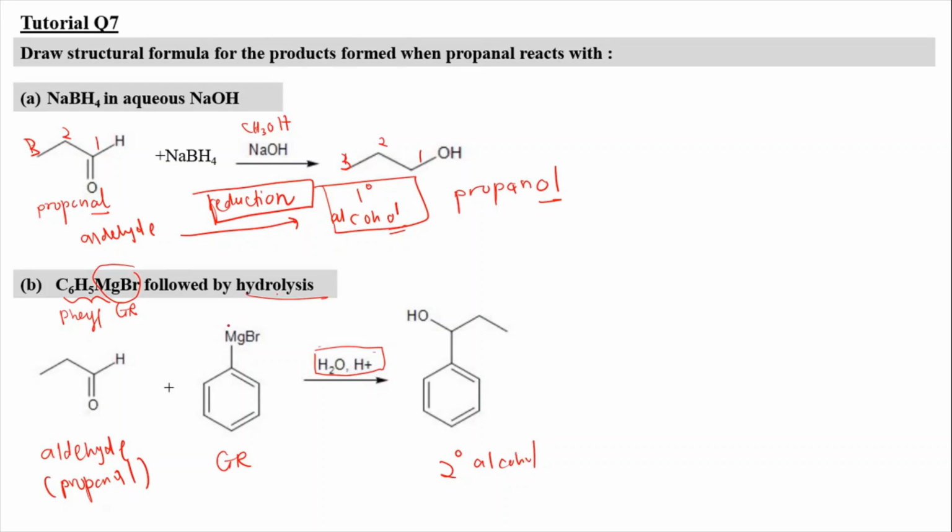Okay, so here it is going to be attached with this bonding here, and then you just follow up here, and the double bond O will be changed into H. Okay, so 1 2 3, here it's going to be 1 2 3, and 1 is going to be attached with a hydroxyl group.